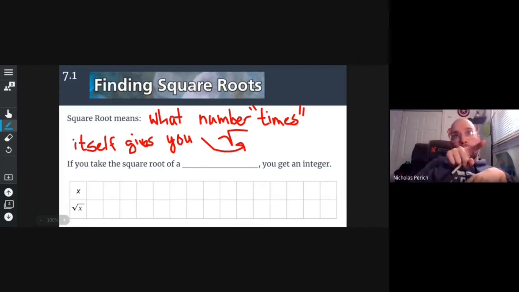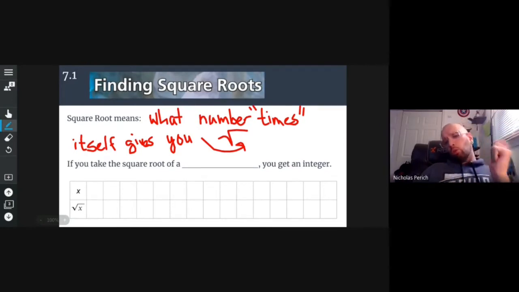So a square root is that little check-marky looking thing. If I say square root of 8, you have to think what number times itself gives me 8. Square root of 10, what number times itself gives me 10? Square root of 100, what number times itself gives me 100? So on and so forth.